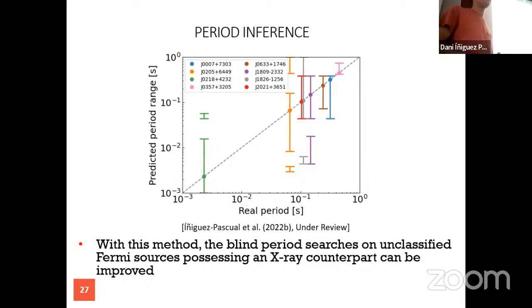You have this analysis where you do not know if you find the solution.